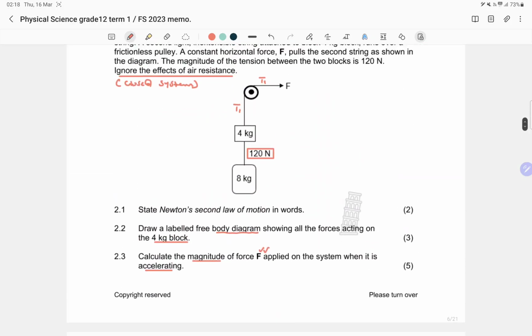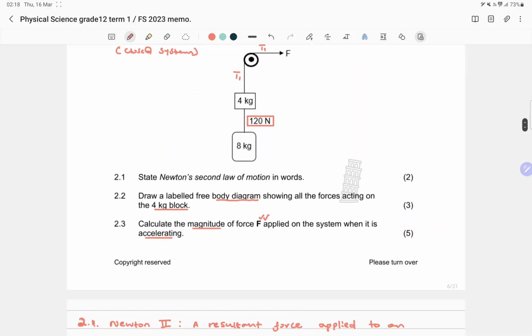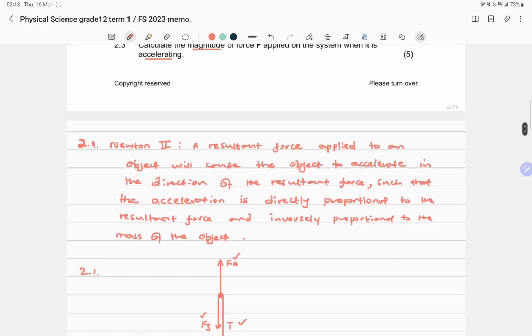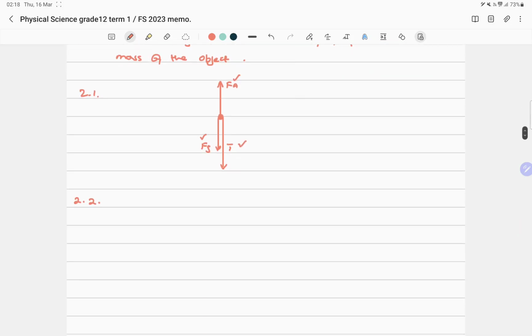Now we have to think about what we're going to do. We need acceleration for us to be able to find that force, isn't it? Yes, so the best thing to do now is to work on the 8 kilogram block first. So let's say, consider the 8 kg block. So what is going on in there?